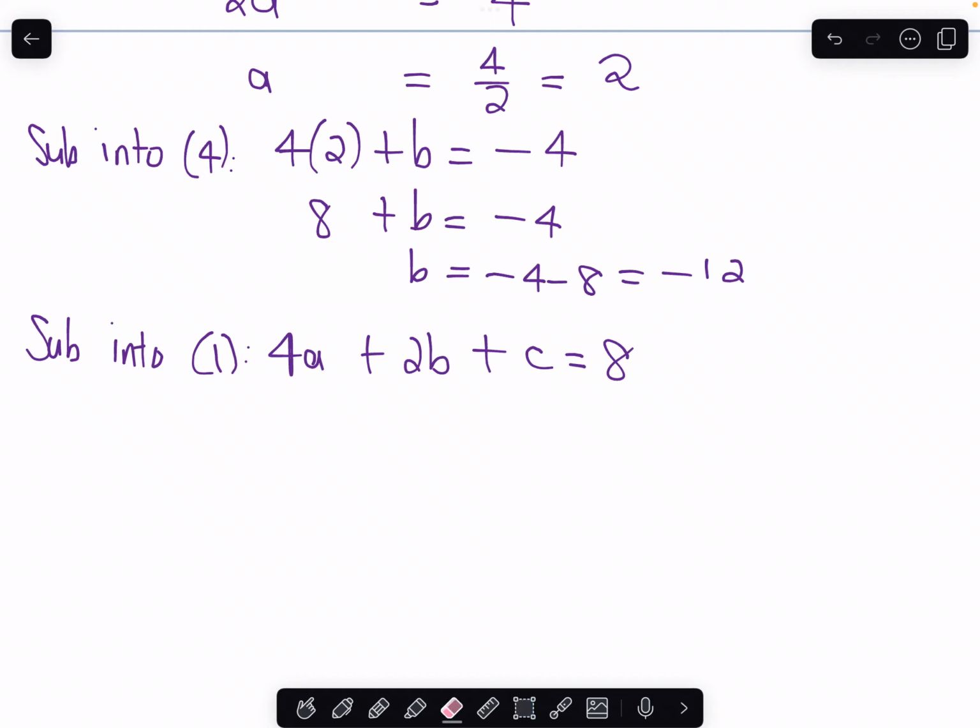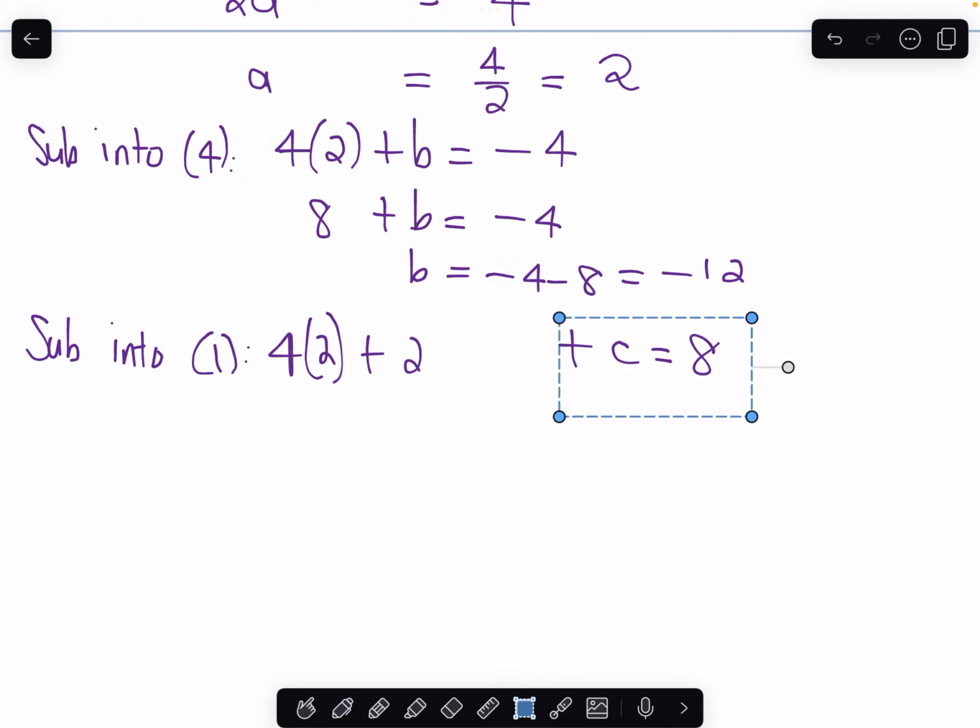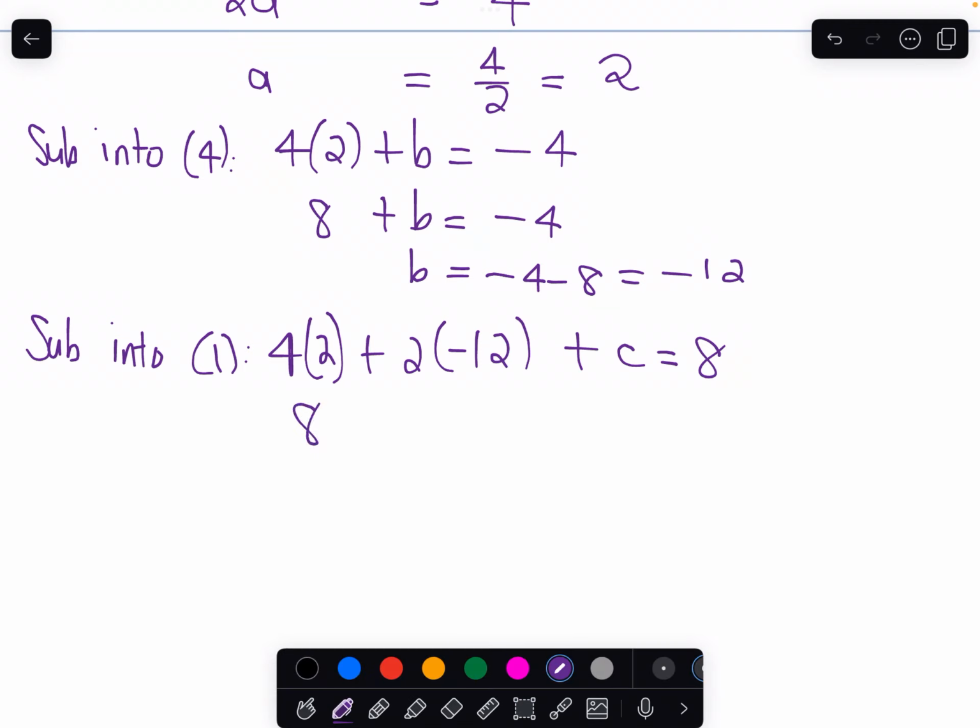Okay, so we know that a is 2 and b is negative 12. And c is unknown. So 8 minus 24 plus c is equal to 8. We have an 8 on both sides, so those are going to cancel out. So c is 24.